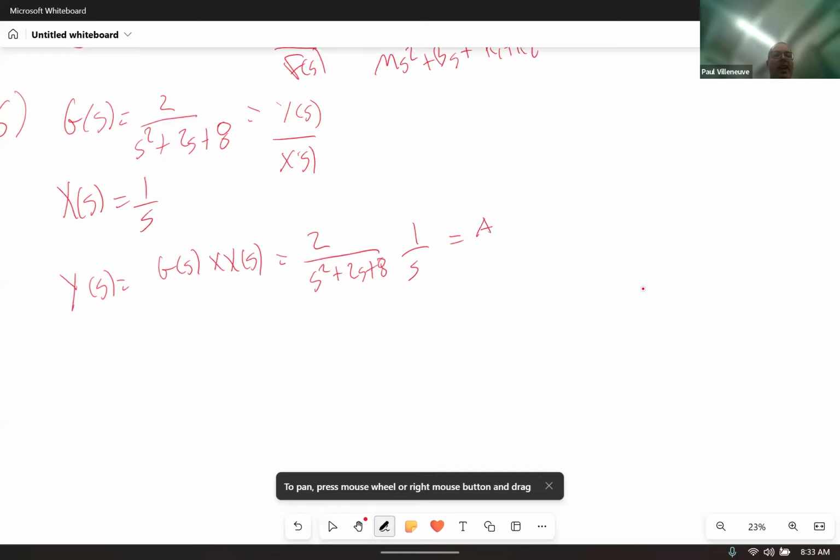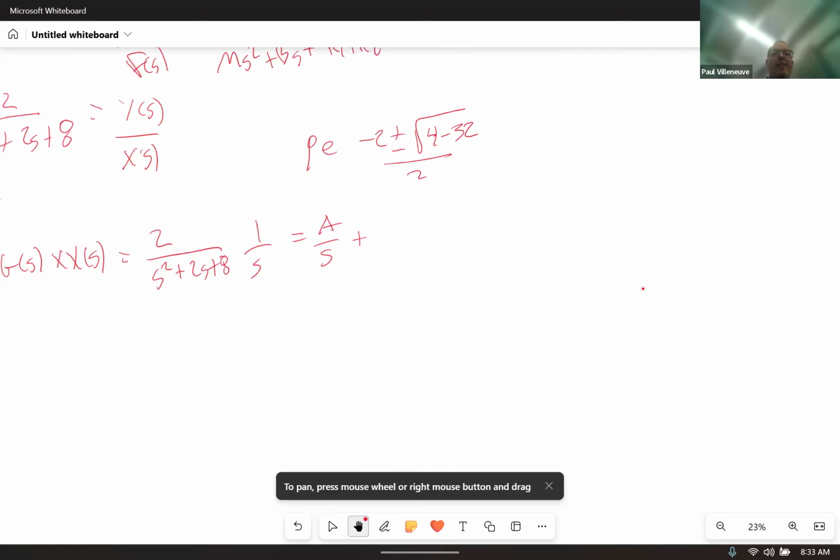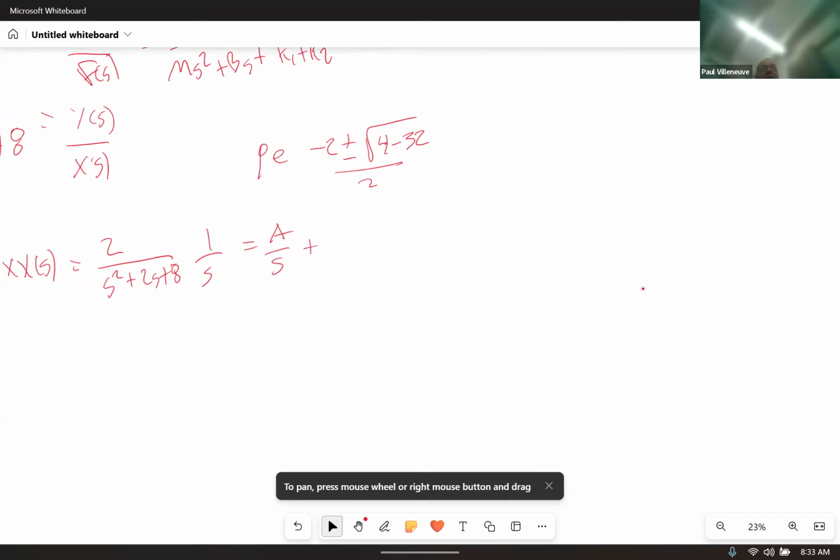That's going to be equal to A over s plus, now I've got to do the quadratic equation. Negative b plus or minus the square root of b squared minus 4ac, all over 2a. The square root of negative 28 is 5 and change.